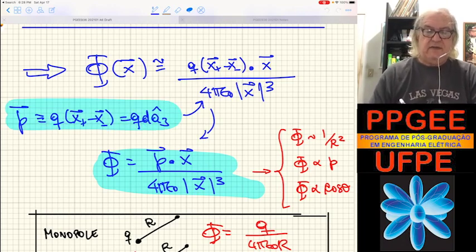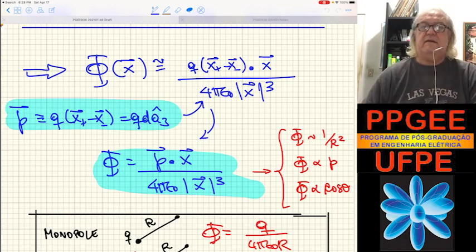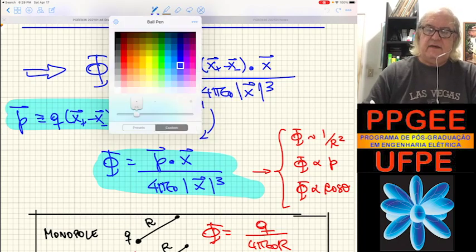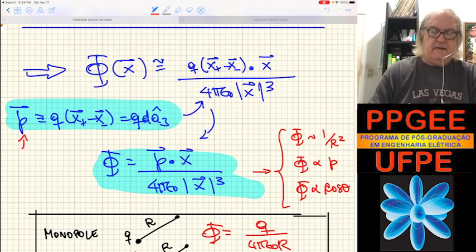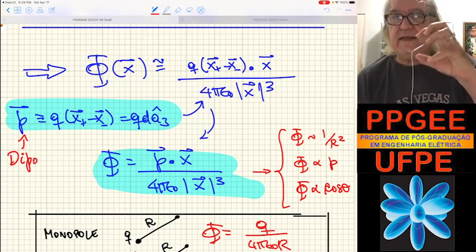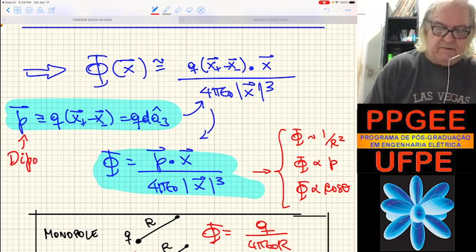So this is called the dipole moment. Dipole moment of this isolated system of two charges.